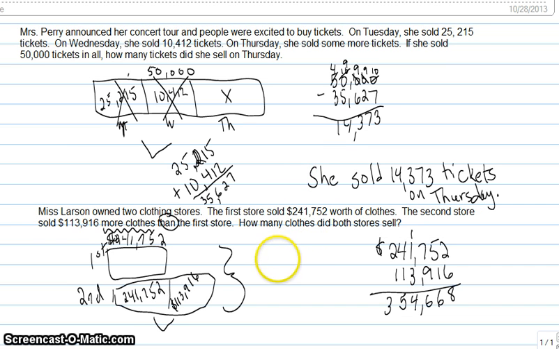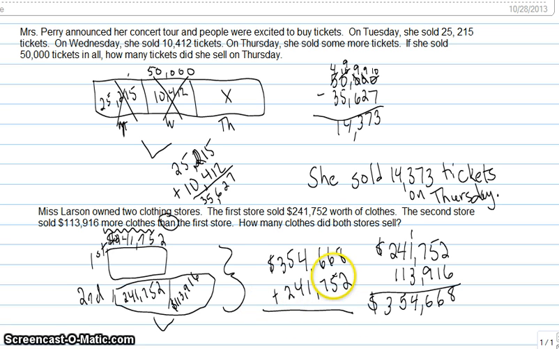Get the correct number here, 354,668. Make sure I have my dollar sign. Plus the 241,752. So if you look at what I've done, I have the two numbers from the second store, and I'm adding it to the first store so I can see how much the stores had altogether in sales.